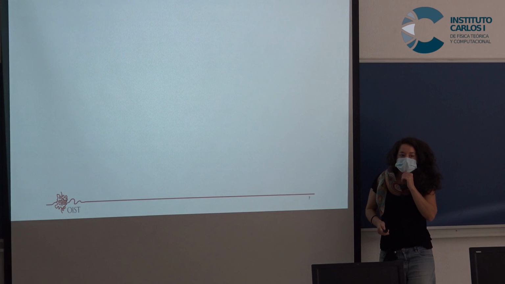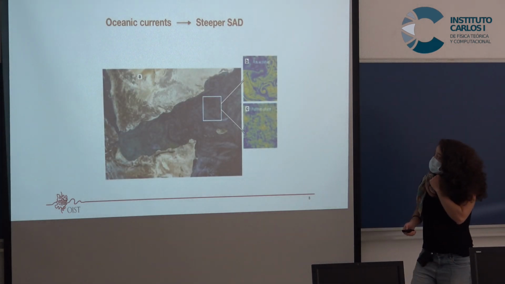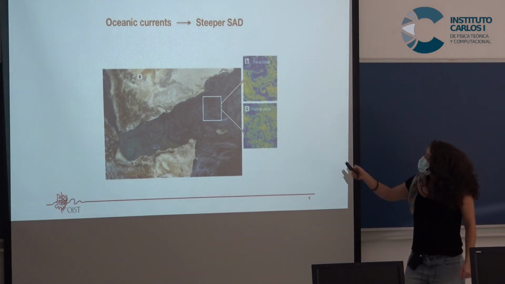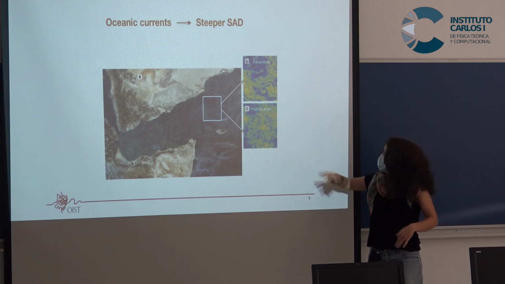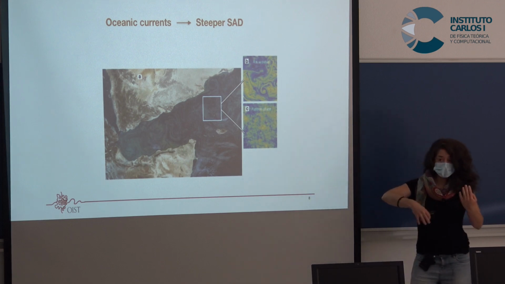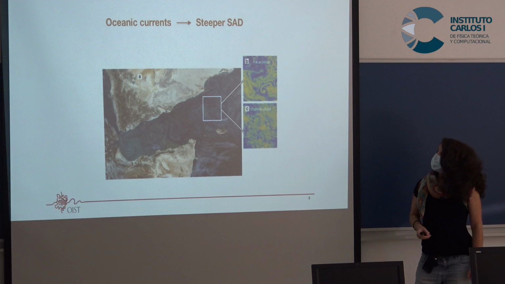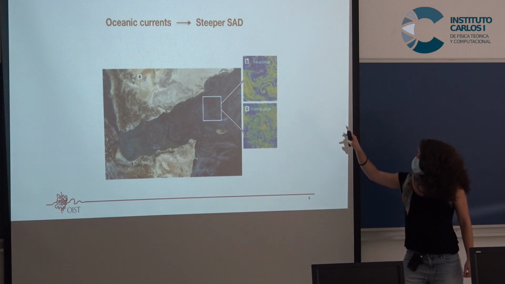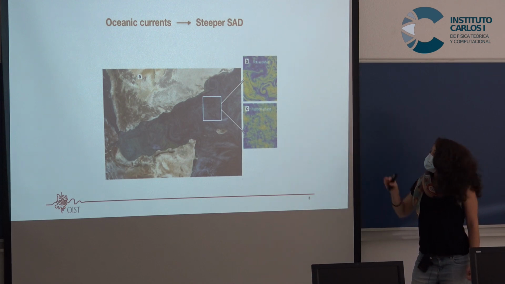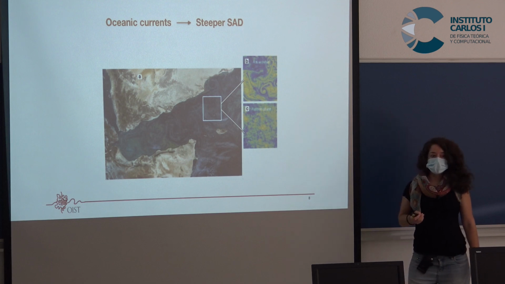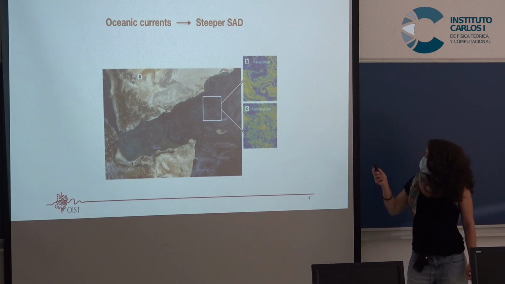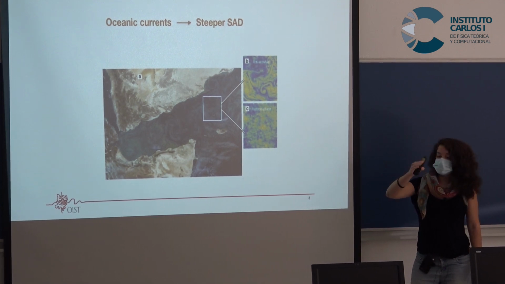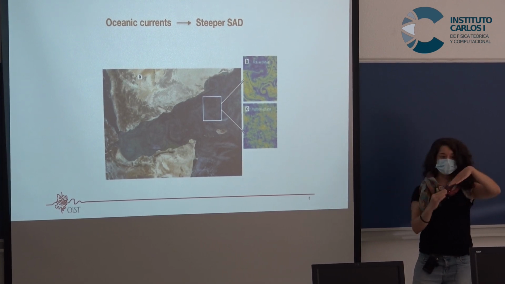Our hypothesis is that oceanic currents, due to special structures like chaotic advection and the barriers that it creates, will affect the diversity, so that the species abundance distribution is steeper.